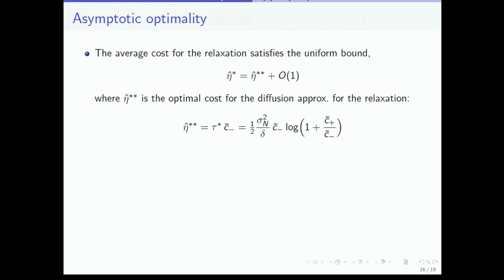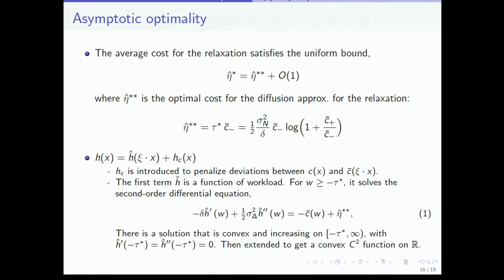But then, as I already mentioned, using the continuous approximation with reflected Brownian motion, you can actually compute the value of this threshold, and also approximate the value of the average cost with this term that does not depend on delta.